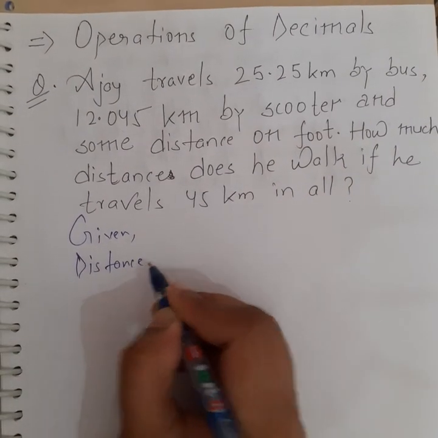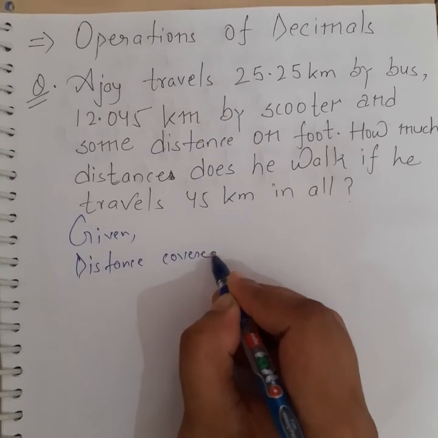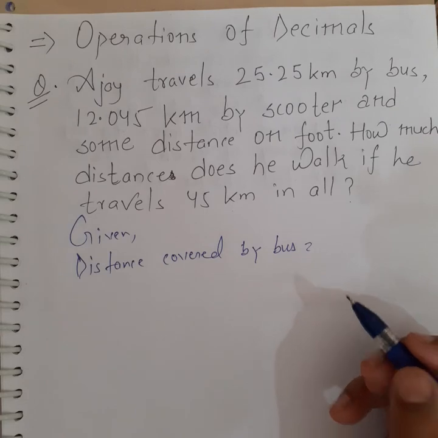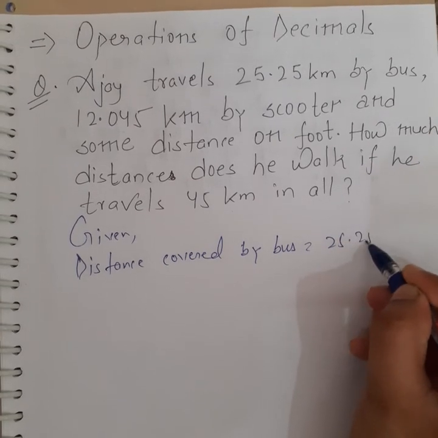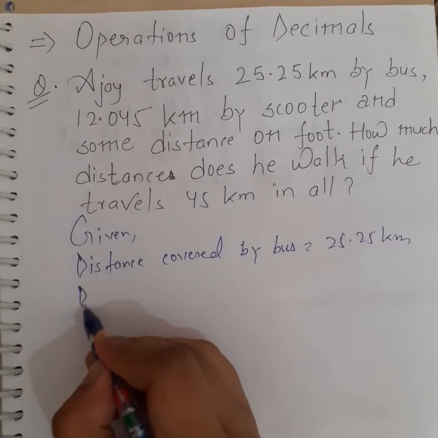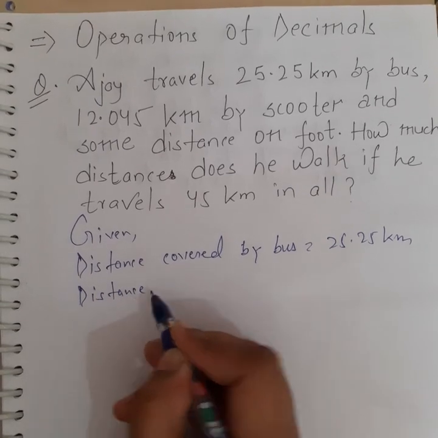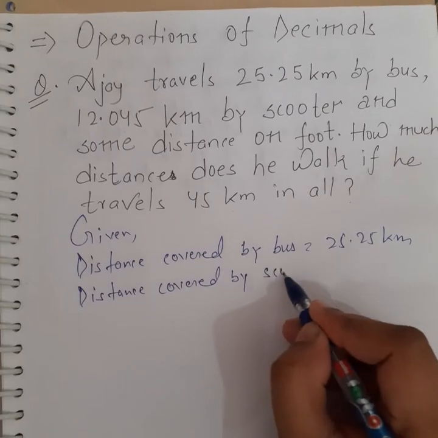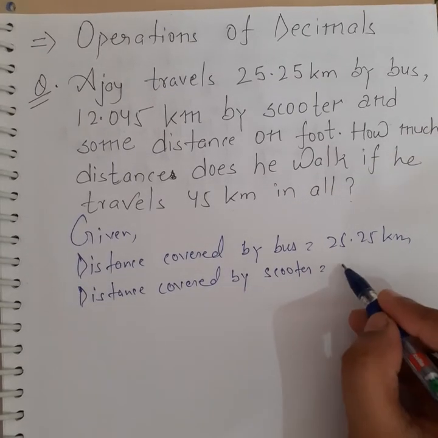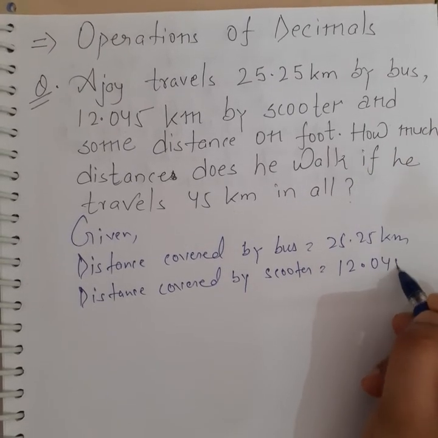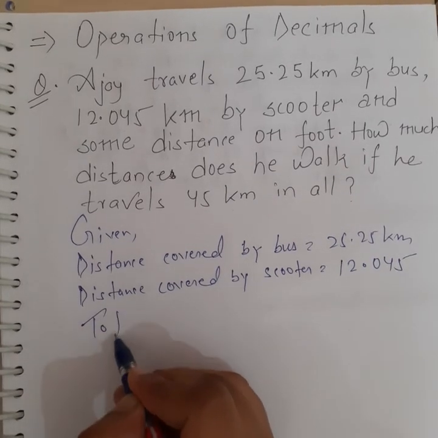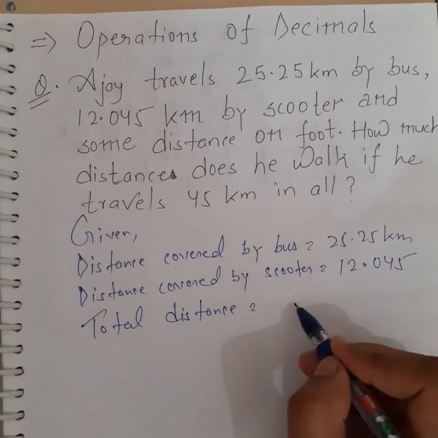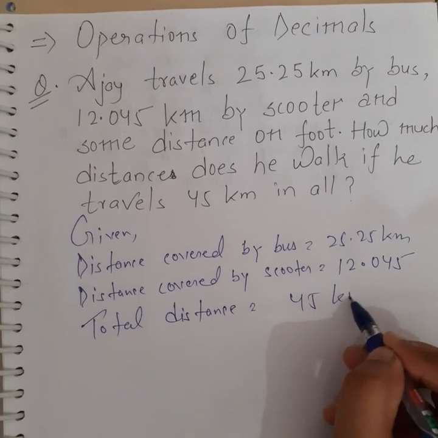Distance covered by bus. How much distance Ajay travels by bus? 25.25 km. Next, distance covered by scooter. How much distance? This is 12.045, and the total distance is also given, that is 45 km.